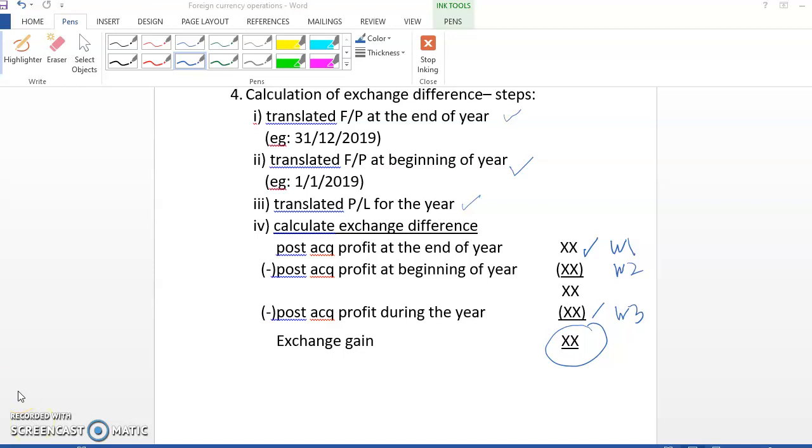For the first method, you can refer to your textbook and read it. If you have any questions, you can ask me later. So that's all for the Forex, chapter 18.